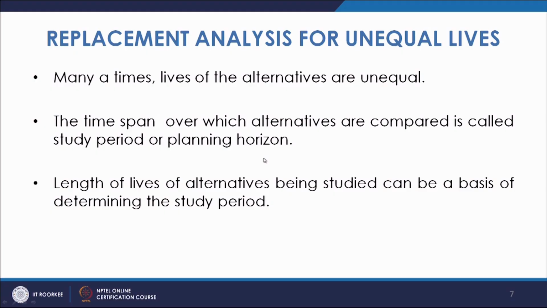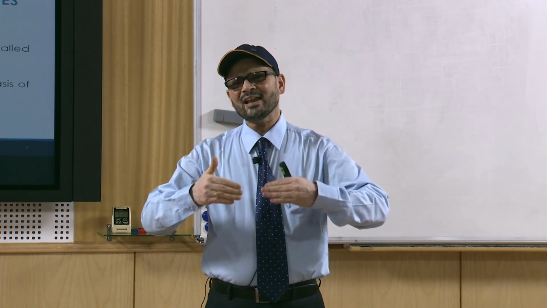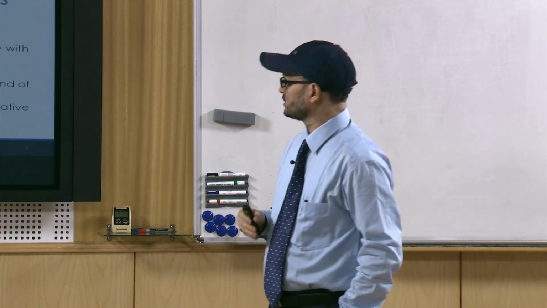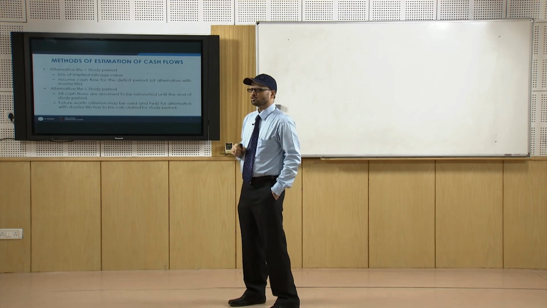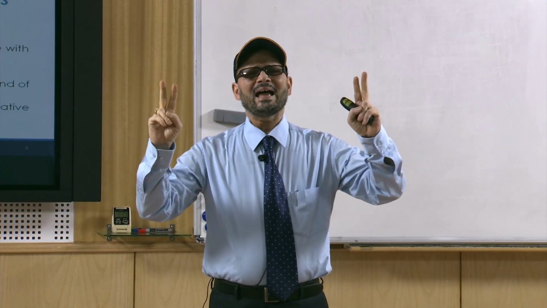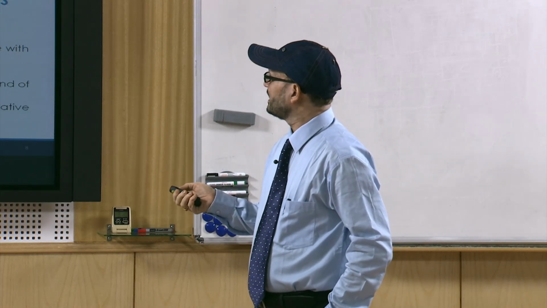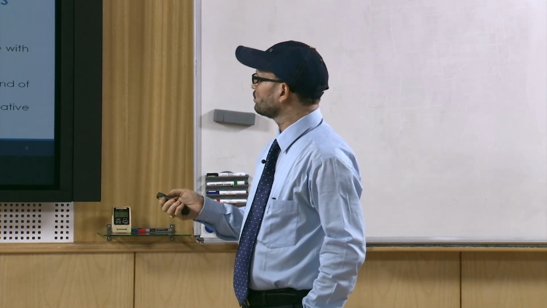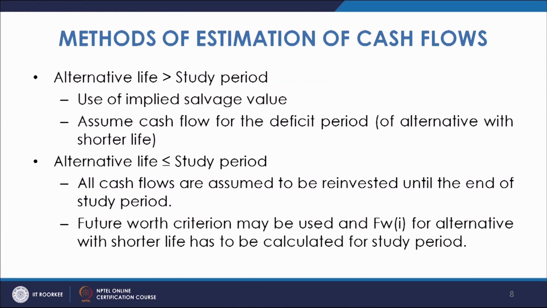So, there may be different cases based on which you will have to take the length of the study period and then you have to do the replacement analysis. Now, this leads to many cases. Alternative life may be more than the study period. So, what happens is that if there are two alternatives, one of the alternatives has a larger life than the other one, and if the study period is lesser than the life of one alternative, in that case you can use the implied salvage value concept, which we will see later.